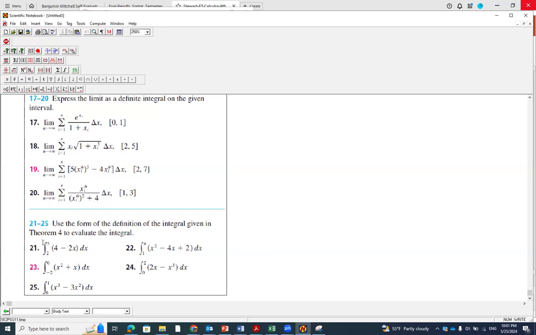On the second set, it actually requires quite a lot of work. The reason is that we're going to have to use the definition of integration given in the theorem to evaluate the integral. So I'm going to do number 25, and you can try the others.